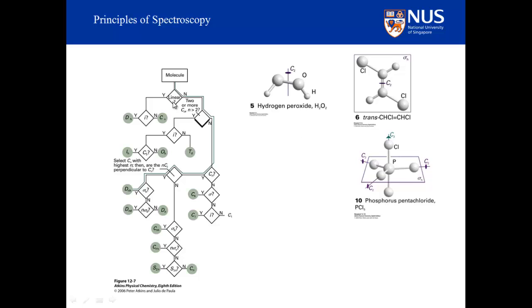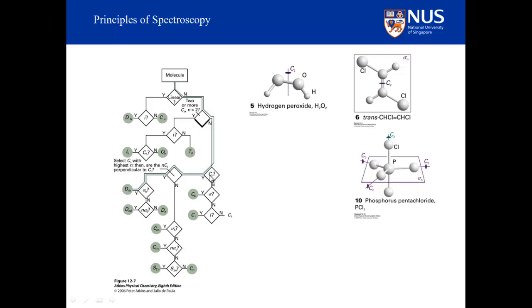The first question asks, is it linear? And the answer is, of course, no. Does it have two or more CN axes where n is greater than 2? And the answer is no. It only has one CN axis where n is greater than 2, and that's the single C3 axis. So we go down here.